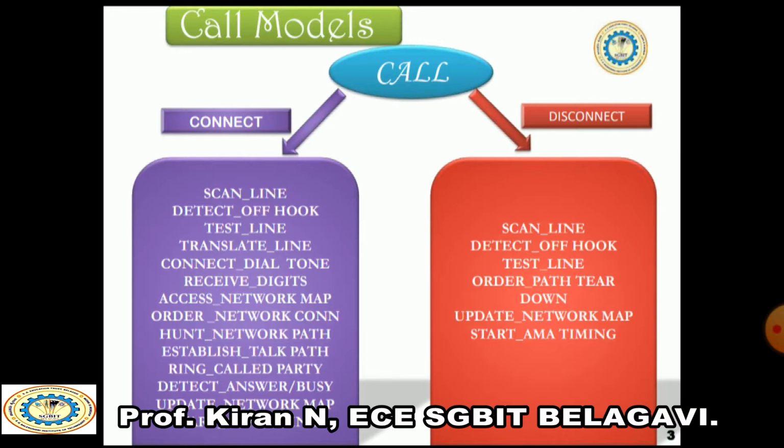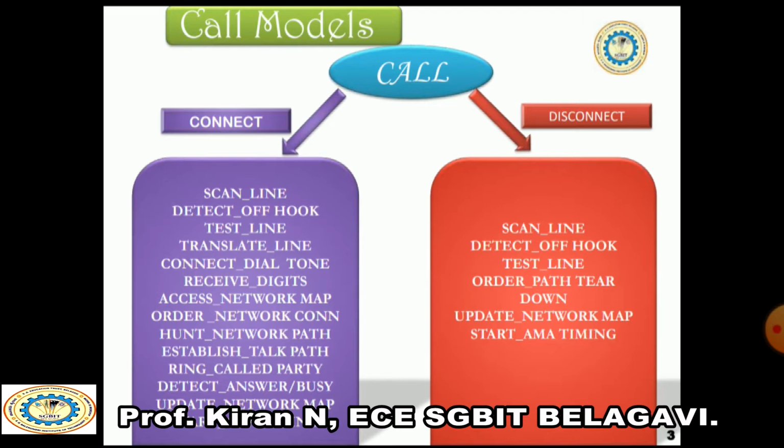We shall see again in detail how it works in the next slide. Now on the other side we see the disconnect line. In the disconnect line, not many functions are involved here; it only scans the line to see whether A and B are connected with each other. If they are connected, then the call will be on.